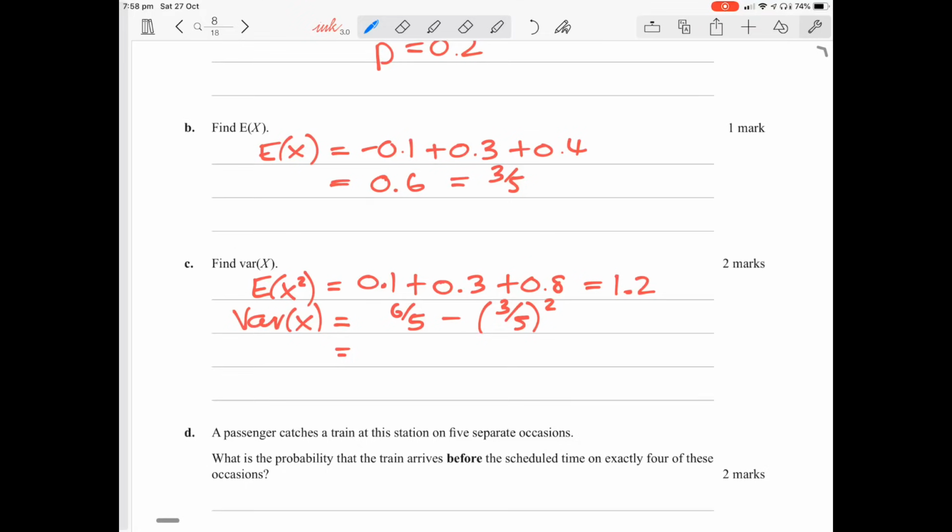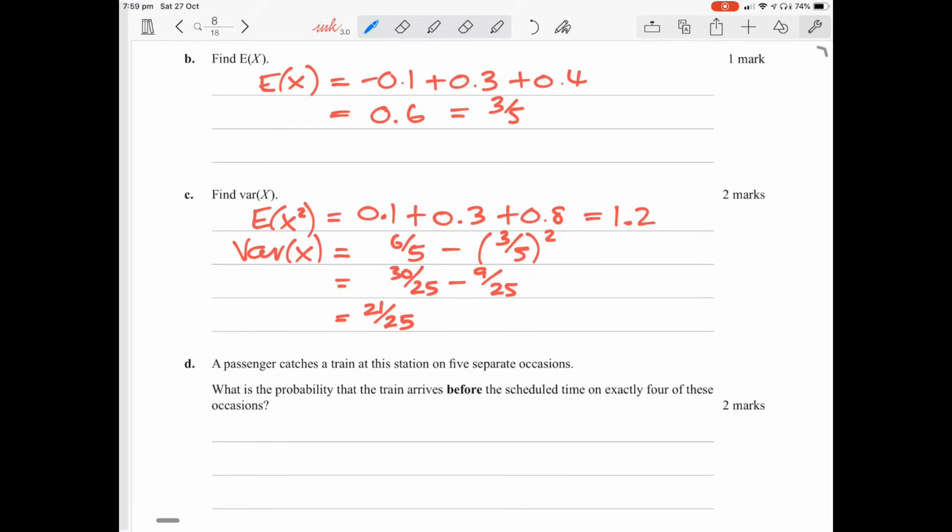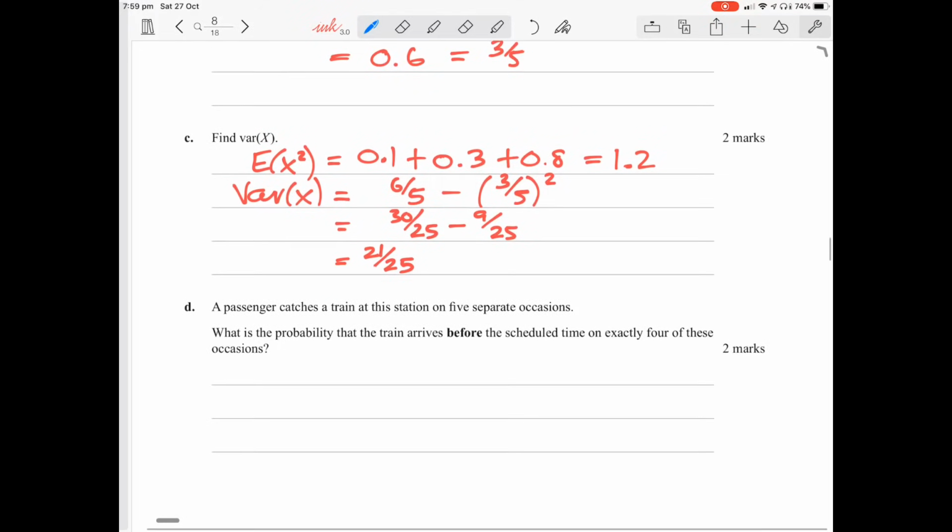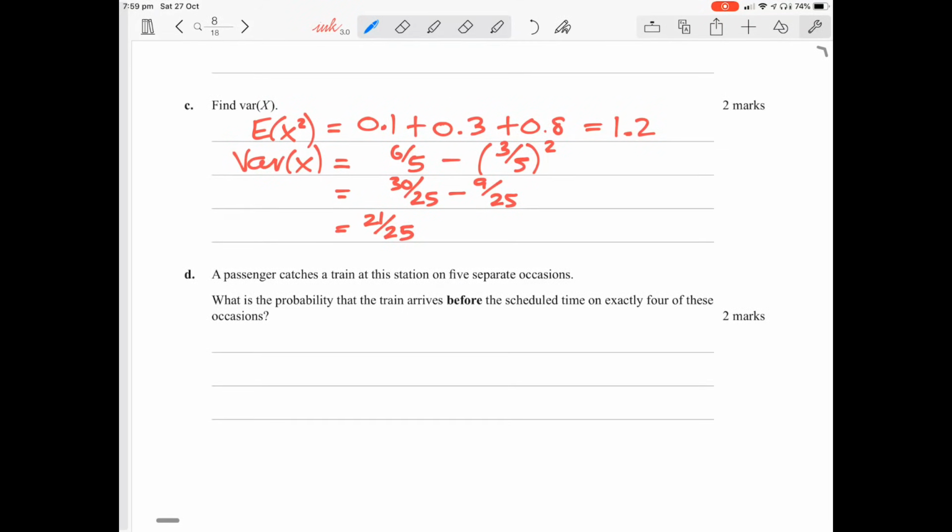That's going to be on 25, so put this on 25, so 30 on 25 minus 9 on 25, which is 21 on 25. Is that right? Looks good to me.